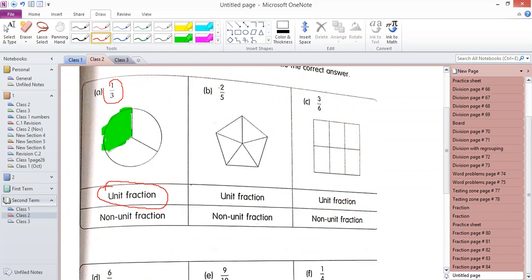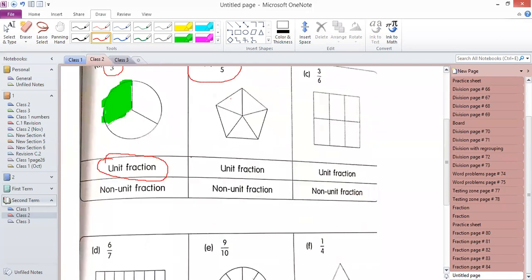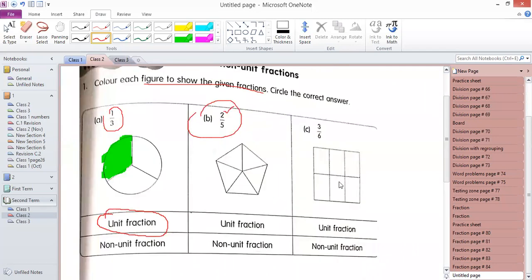2 over 5. Now here we have to complete this fraction. This is 2 over 5. So we have to color the fraction according to this. So guys, there are 5 parts, and to make it 2 over 5, how many parts should I color?